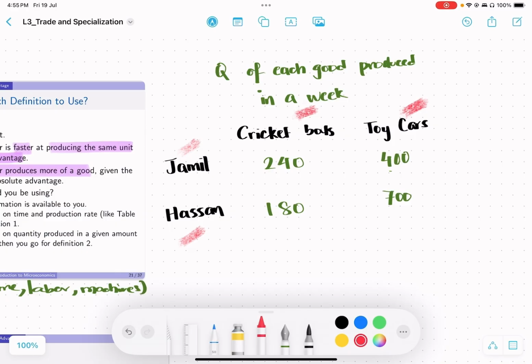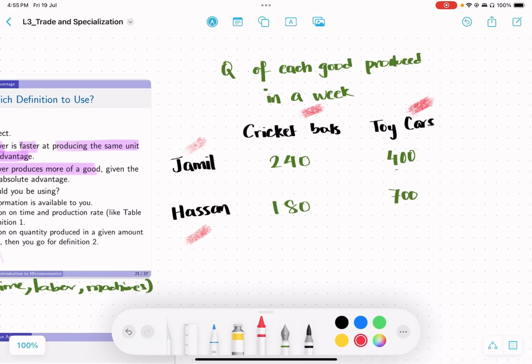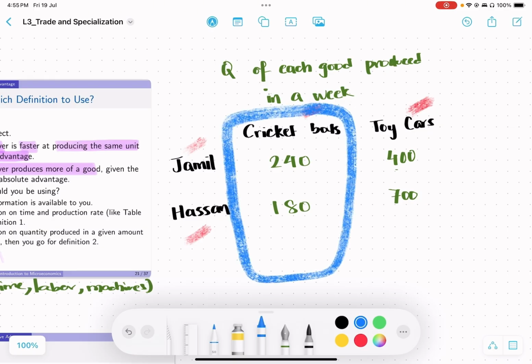So firstly, let's focus on cricket bats. When we're choosing to focus on cricket bats, who produces more cricket bats? Well, clearly Jamil, so I'm going to circle that.